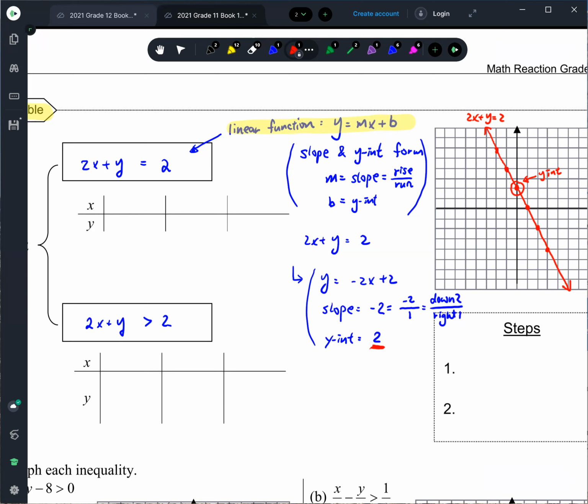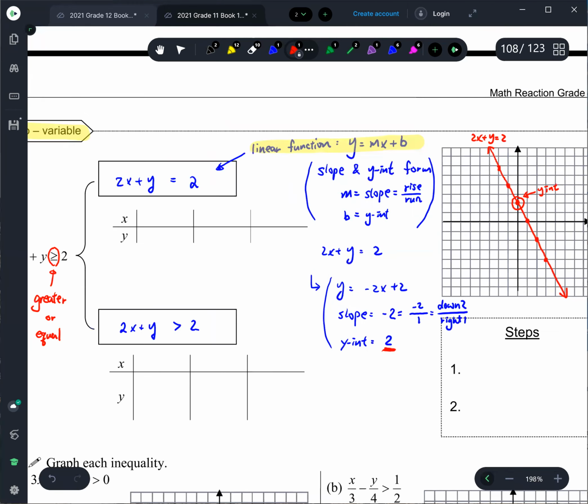All right. Now let's select a few points, because before we talk about the greater than 2, we need to have some points. Let's say we have 1 point on the left side, let's say -1, I'll circle it. -1 and 4, that looks like a 4. 0, 2, that's our y-intercept.